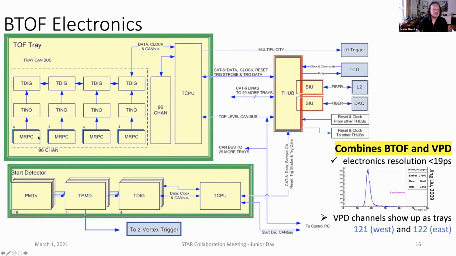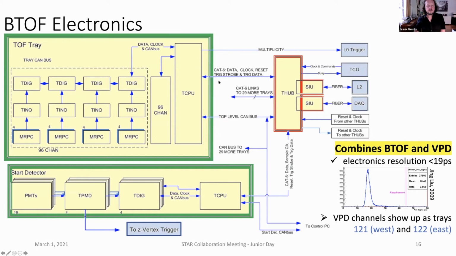So each MRPC has a board that takes care of the amplification and signal shaping, and that signal then is discriminated at this board and provided to the time to digital conversion, which is at the heart of the TDC. These are all on the TOF tray. There is some additional CPU functionality that allows us to bring in and out things like clock and other decisions.